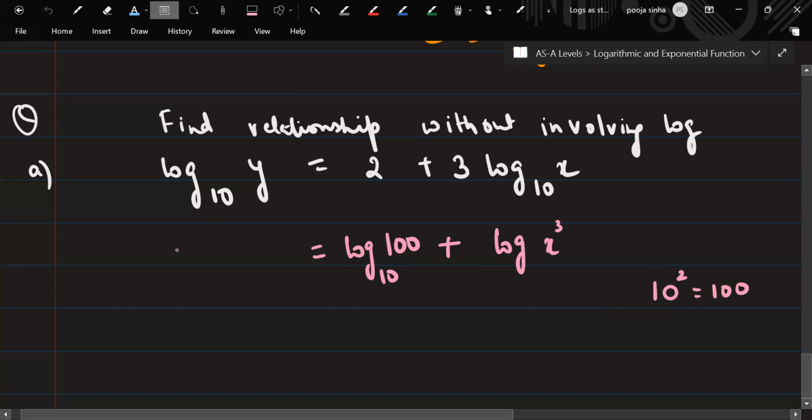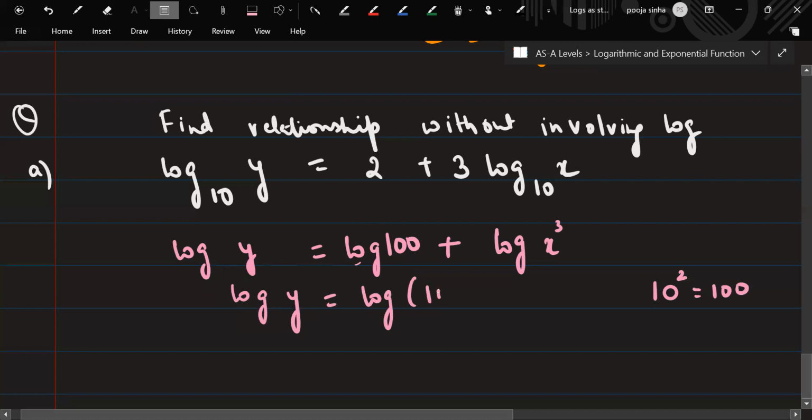Now here, everything has come to log to the base 10. Now all we need to do is, what is our next step? You have log on this side, y, equals log of 100 into x cube.